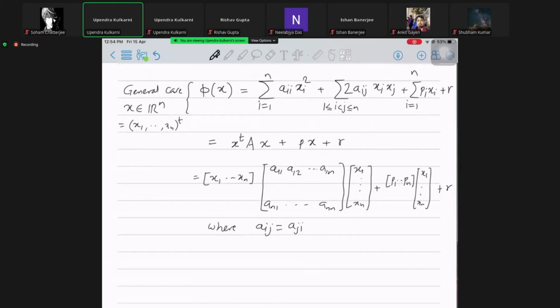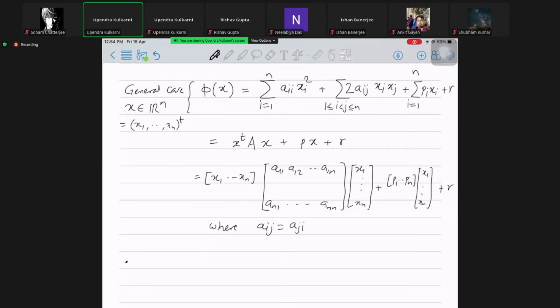So in order to find the critical points, what should I do? I need to calculate the first derivative. So what is d_i of phi at x? Just do the calculation.